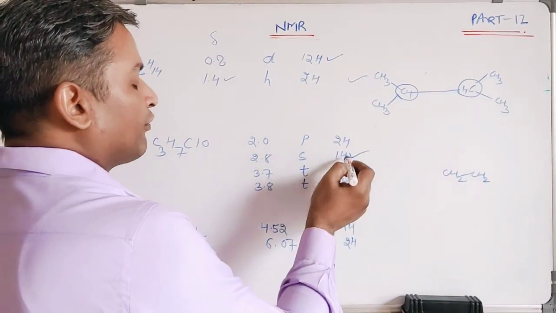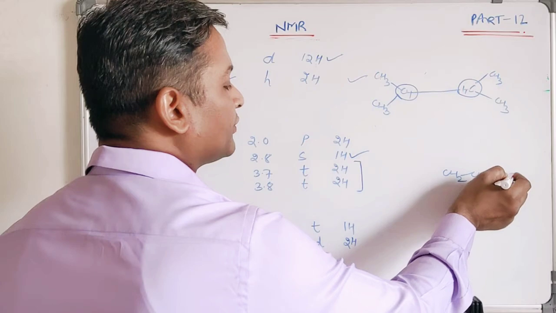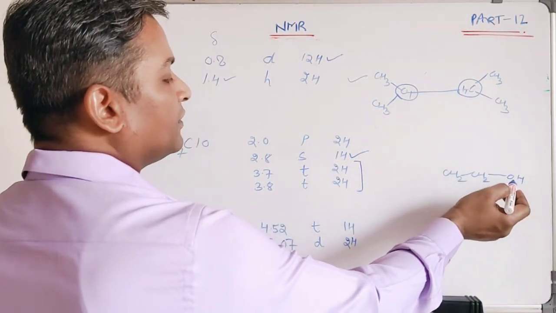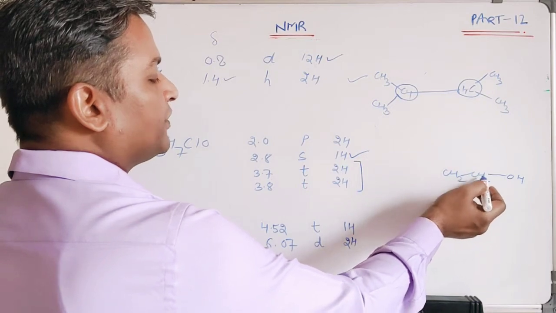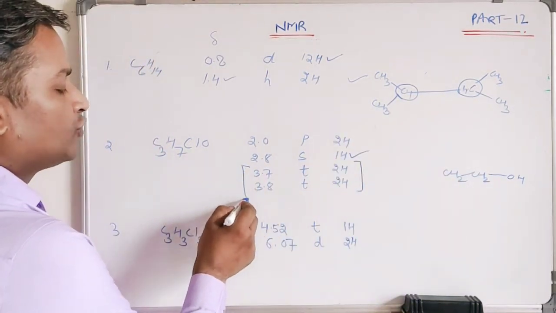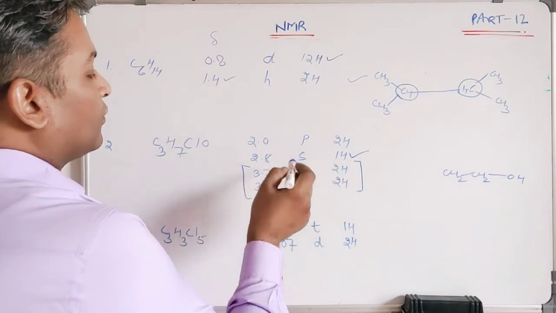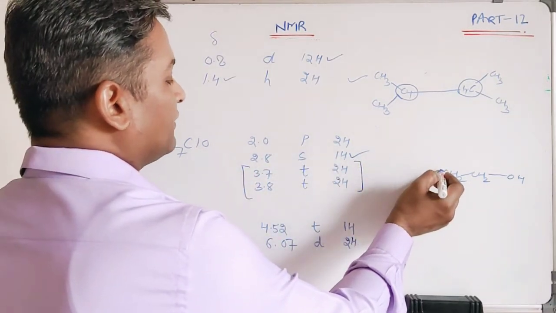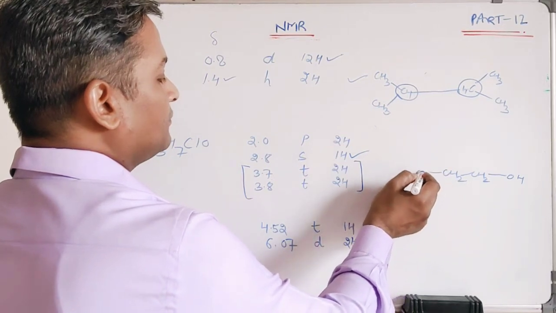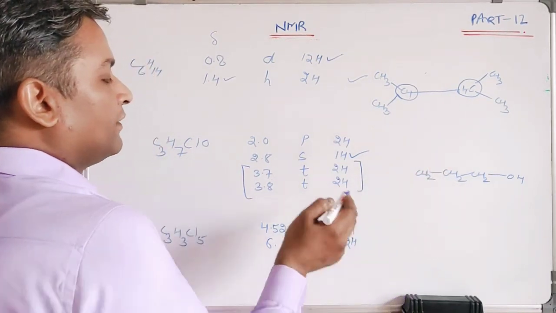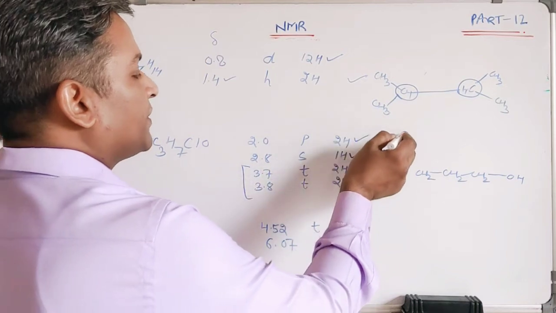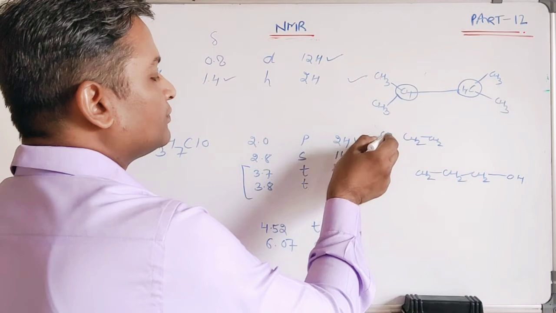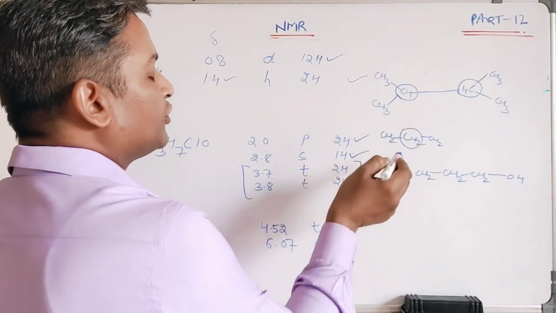Now one singlet for 1 proton means there must be some OH. I am writing OH on this part because these two should be CH2 CH2, because we have to satisfy these 2 peaks. Later on we have the CH2, this again a pentet. This pentet means we must have a CH2 neighboring CH2 and CH2, only then it will show you a pentet.